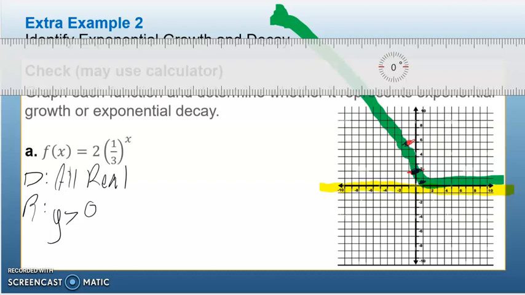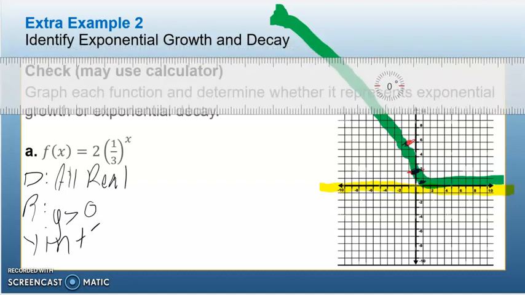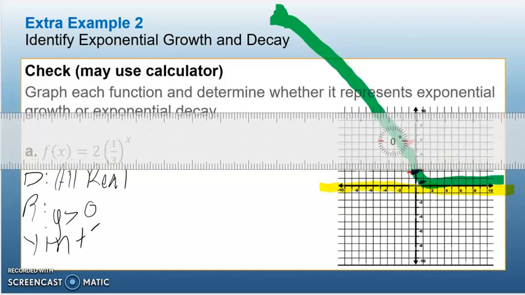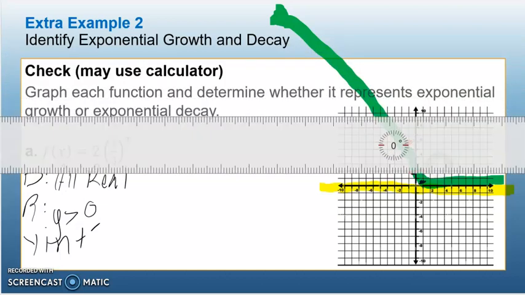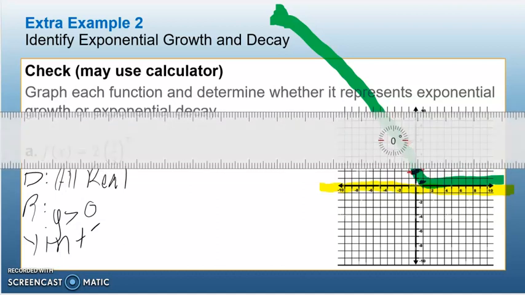Other key features I want you to focus on is the y-intercept. The y-intercept is where it crosses the y-axis. If I take my ruler and go all the way down until it hits the y-axis, right here, we said that when x is 0, y was 2. So it crosses the y-axis at 2.